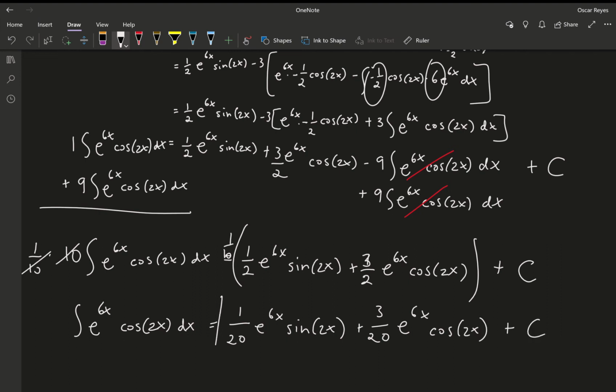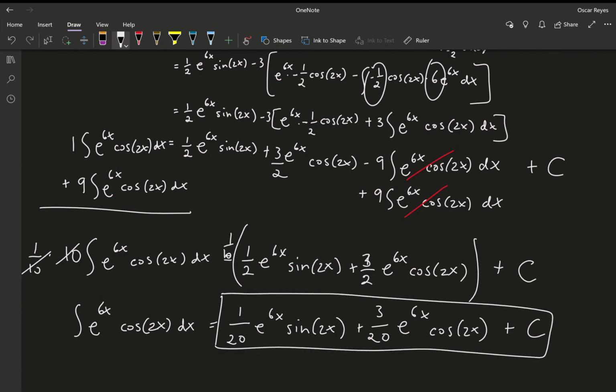So what we have concluded is that this value is going to be the integral of e to the 6x cosine of 2x. These are the trickier ones, especially when you're picking a u or picking a dv.